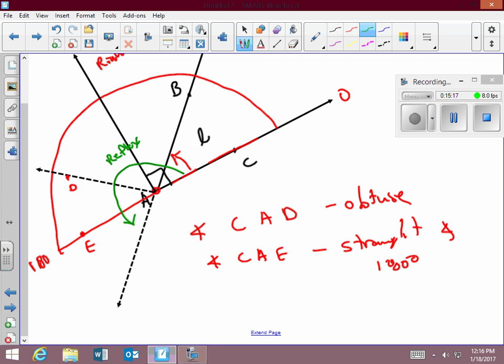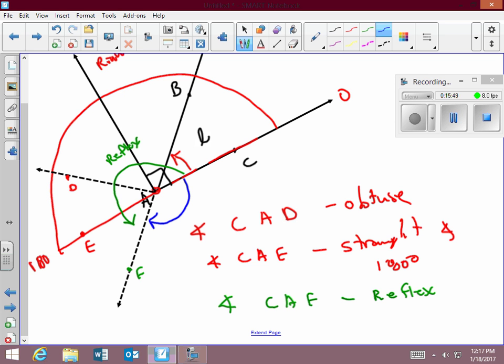Because normally if you have an angle, that is angle CAF, reflex, when specified like the green. But typically what you would do when you have a reflex angle is measure it this way.